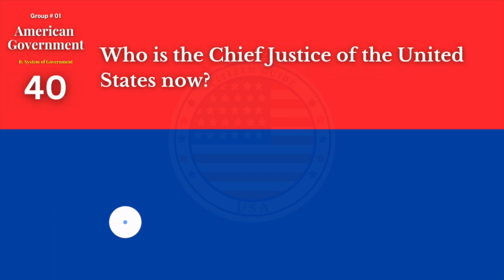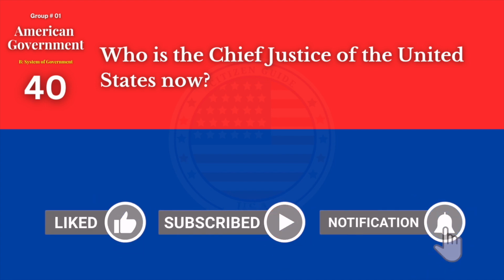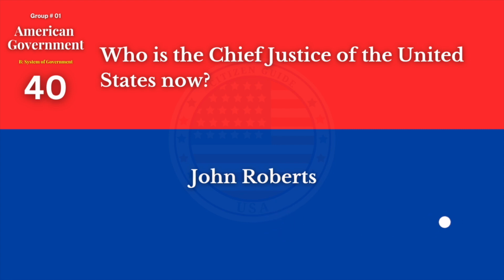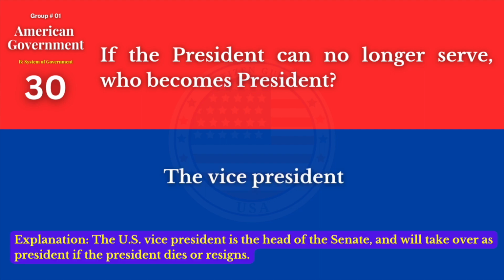Who is the Chief Justice of the United States now? John Roberts. If the president can no longer serve, who becomes president? The vice president.